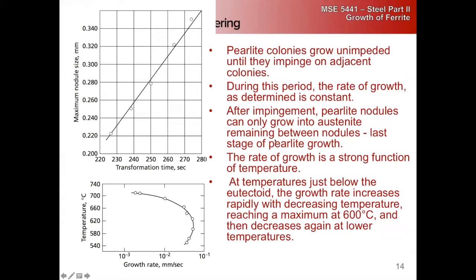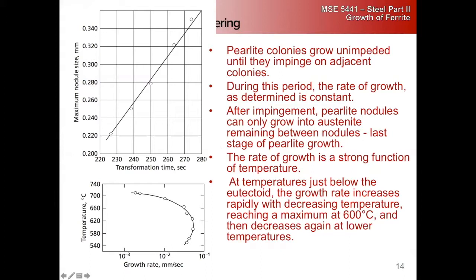But after impingement, the pearlite nodules are only going to be able to grow into the remaining austenite between the current colonies, and that's the last stage of pearlite growth, right?